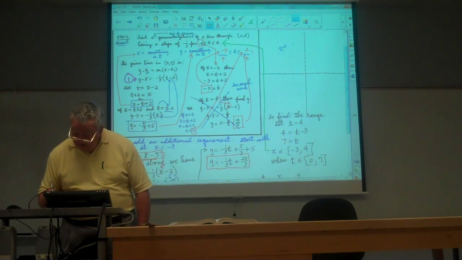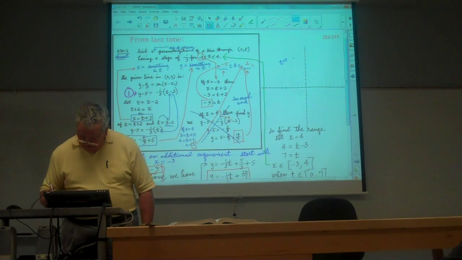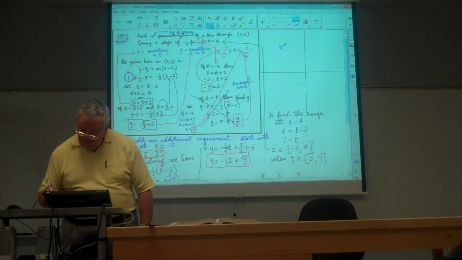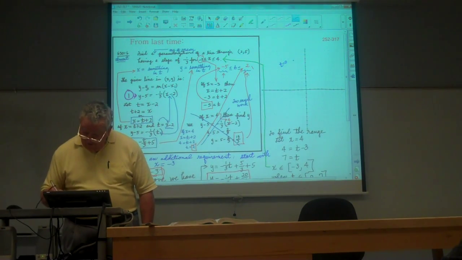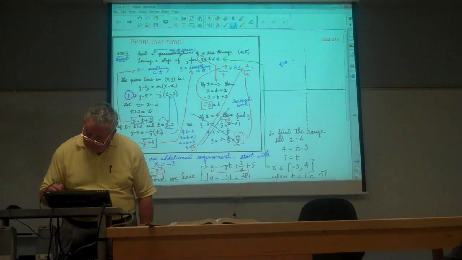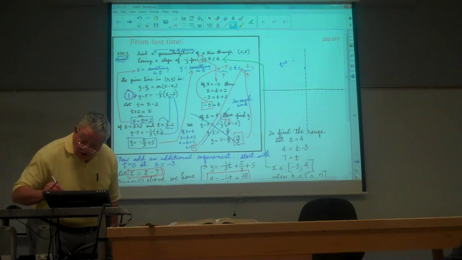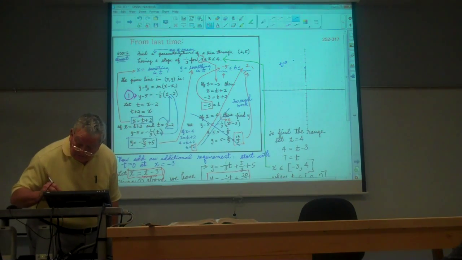And then t equals 3 is the point 0, 17/3. So 0, 17/3: 1, 2, 3, 4, 5, 6. 6 is 18/3, so I need a point about there, don't I? So this is t equals 3.